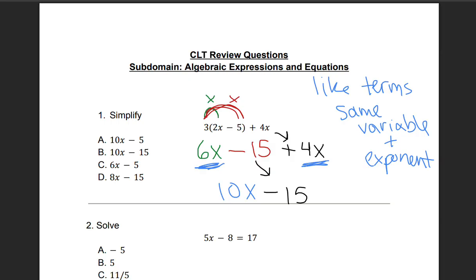Now on the CLT, it is multiple choice, meaning along the way, if you've already noticed we got a 10x to start before you even drop down the 15, you can actually eliminate answers. Elimination is a strong testing tool and technique that you should be utilizing within that CLT, especially given how it is a timed assessment. Now, clearly, when I look, 10x minus 15, that is going to match and align with my correct answer of B.